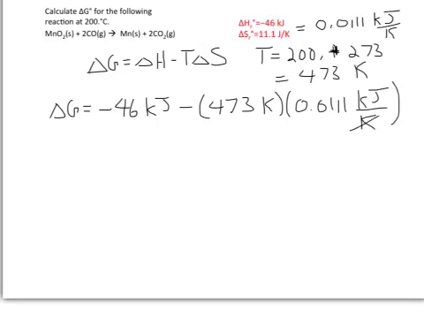So the Kelvins will cancel out. I'll be left with kilojoules for that answer. And the free energy comes out to be negative 51.2 kilojoules. And that is our answer.